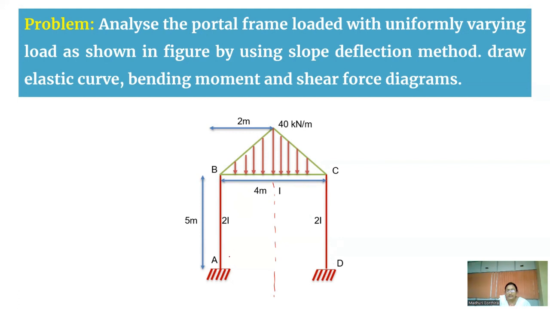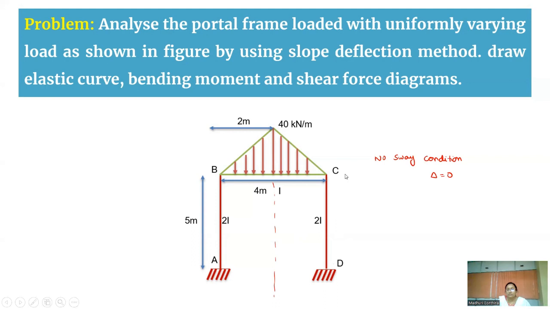A is a fixed support, and D is also a fixed support. So it is a reflecting image. Therefore there is no sway condition, so delta will be equal to 0 for AB as well as CD.